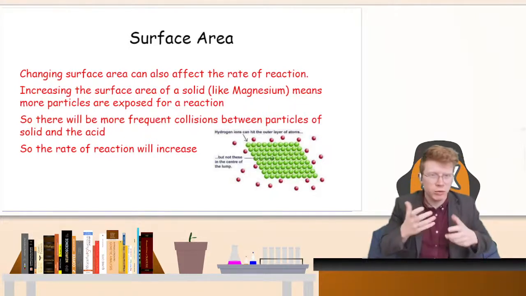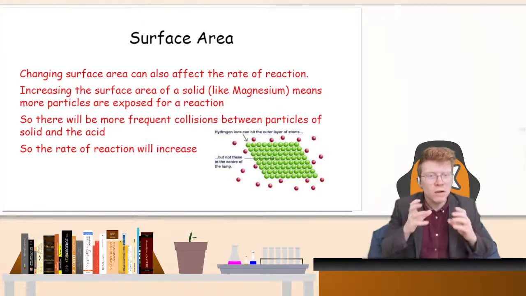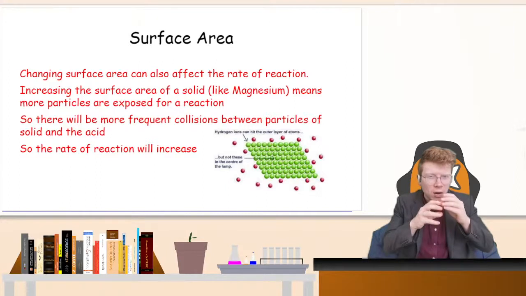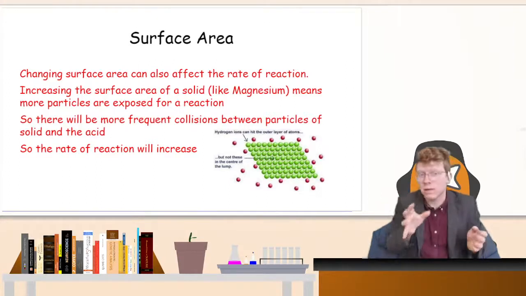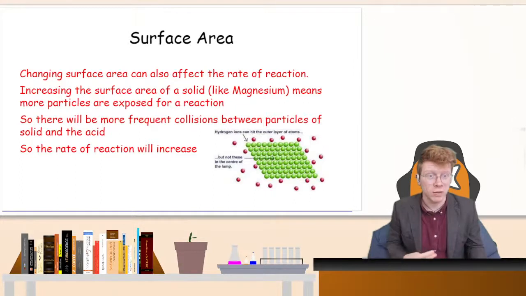However, if you got out your mortar and pestle and you ground up your sodium hydroxide, all of a sudden, all of those little crooks and crannies, all of those little bits on the inside that previously weren't able to be exposed to acid now can be. So by increasing the surface area, you increase how much space there is for those reactions to occur.